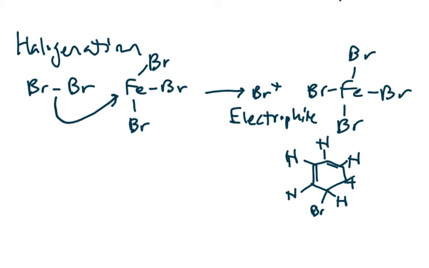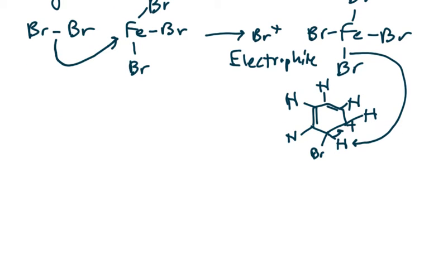What we're going to do is an E1 type reaction where one of these bromines is going to take its electrons and attack a hydrogen, and the electron pair from the hydrogen is going to make the double bond. In this way we're going to get HBr as a side product, and then FeBr3 will be returned and we'll have our catalyst again.